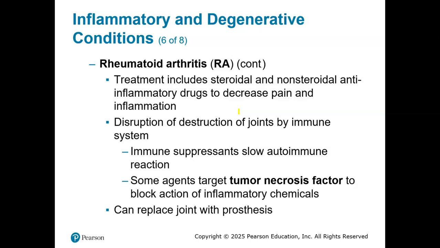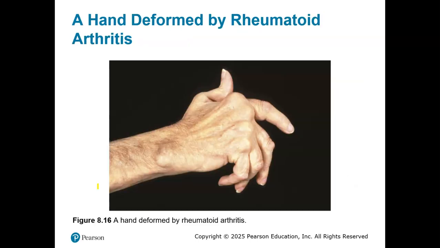I've even heard of people taking something that's got gold in it, but I don't know enough to talk about it really. But anyway, they also can take immune suppressants to slow the autoimmune reaction, so it won't get bad so quickly. And of course, you can do joint replacement for rheumatoid arthritis as well.